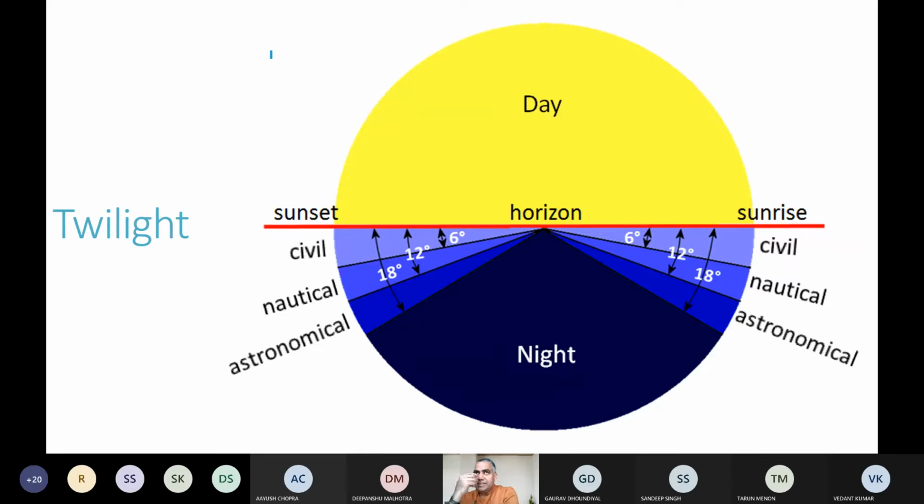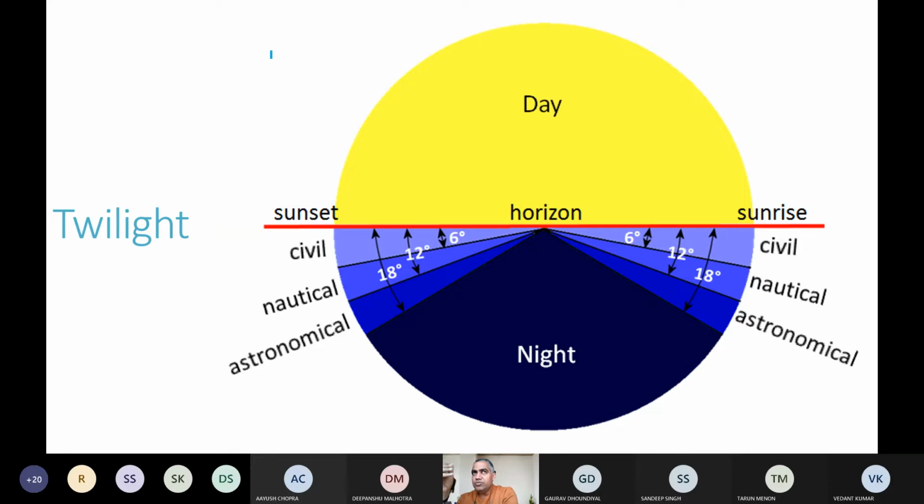Now, when the sun sets, it does not immediately become dark. The brightness of the sunlight reduces slowly. As soon as the sun sets, it is not that it immediately becomes pitch dark.